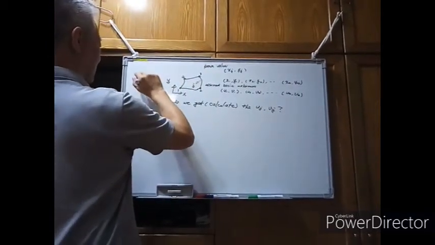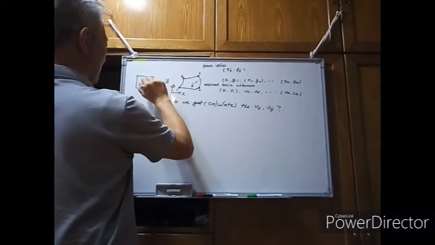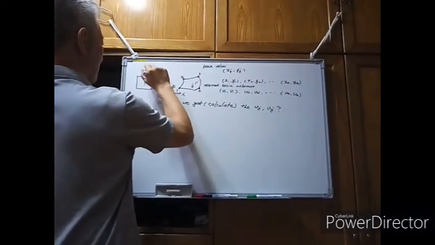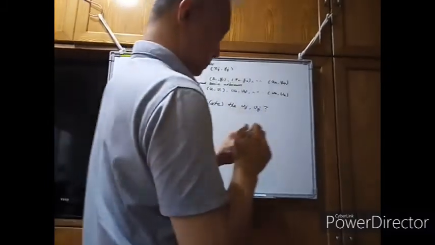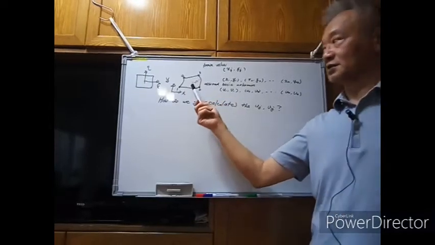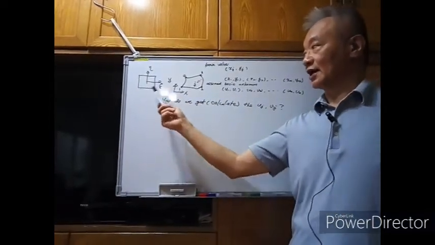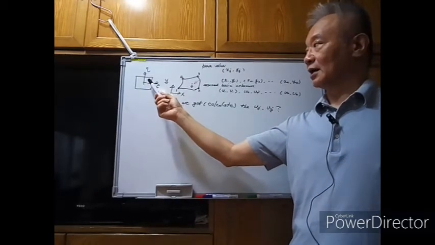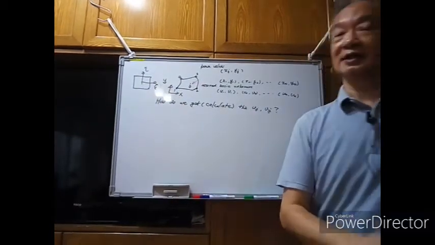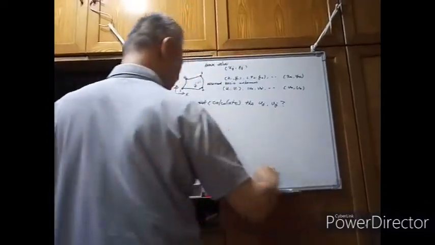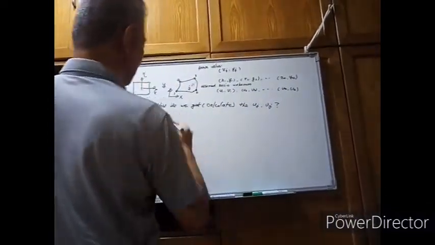Also, we have the masked element, which is in the xi and eta plane. And first we need to find the corresponding points.